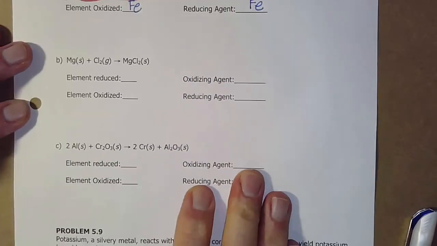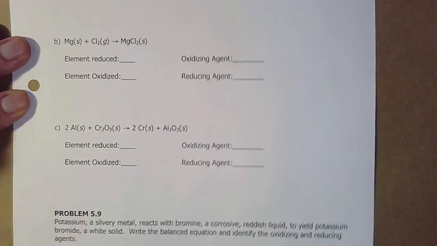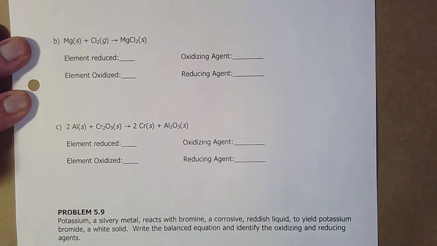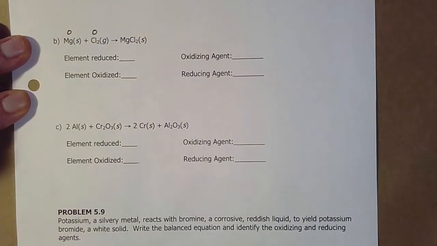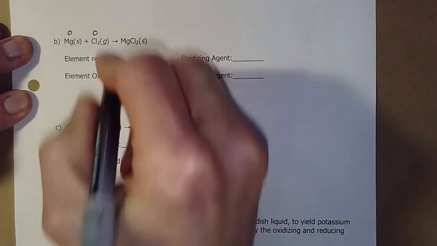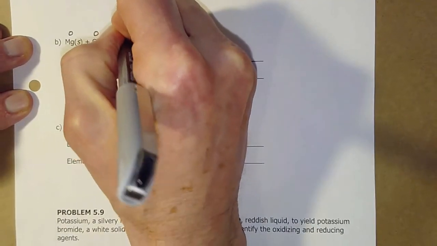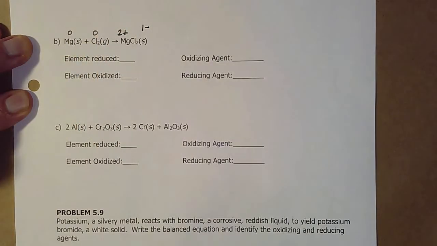This one's a little more complicated. Who got reduced? Well, let's see. Magnesium here is 0. Chlorine is 0. Over here, oh, wait a minute. Magnesium, 2 plus. Chlorine, 1 minus. Who got reduced?